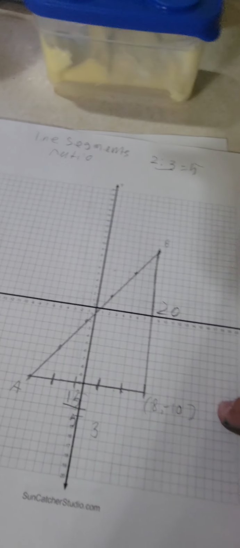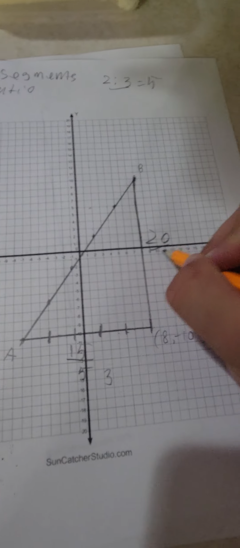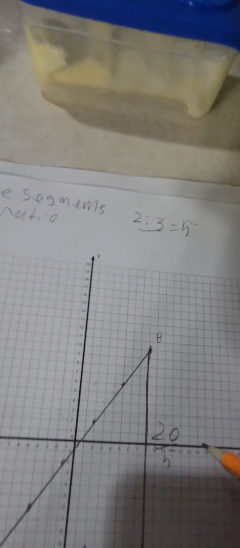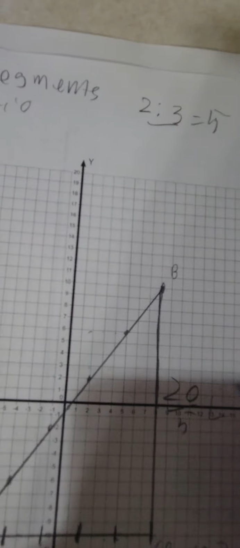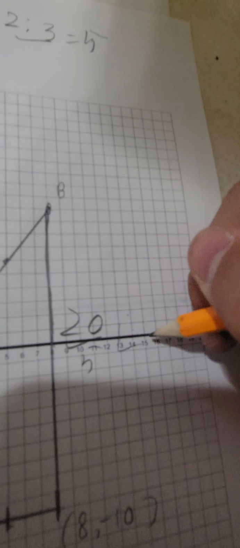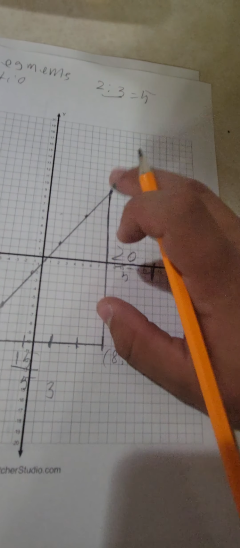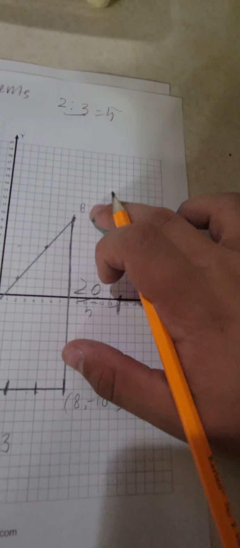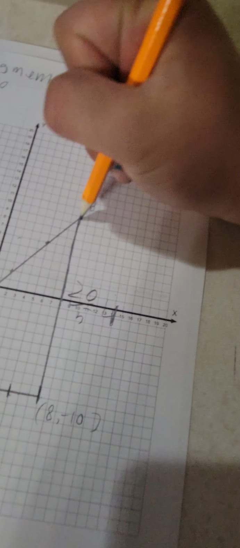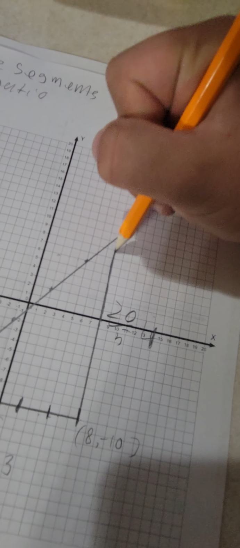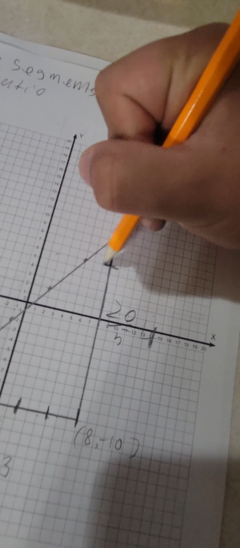Now we do the same for this. Divide by 5, and that is 4. Which means now we count 4 spaces. And we start from B. We don't start from down here. We start from B. So that would be 1, 2, 3, 4.